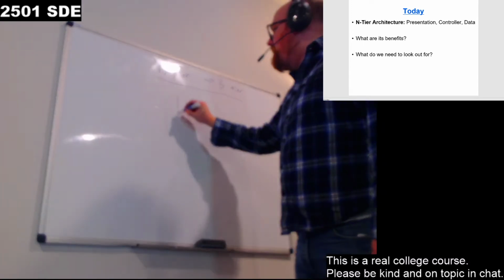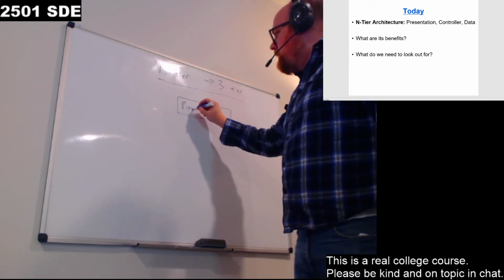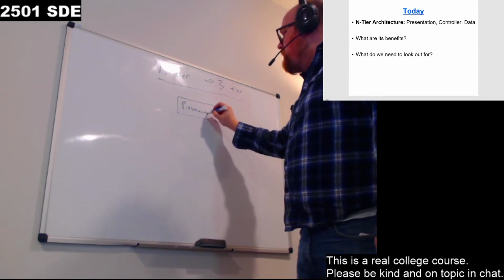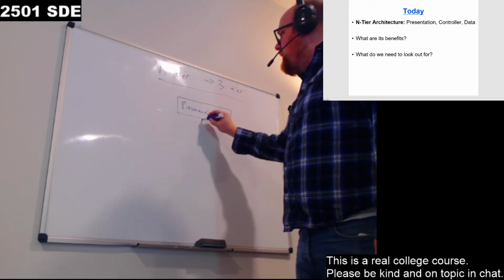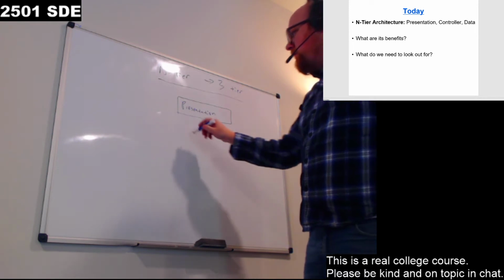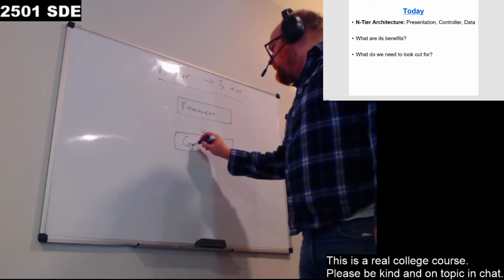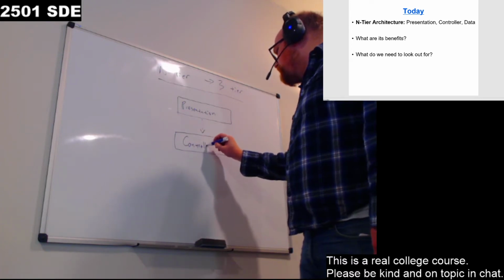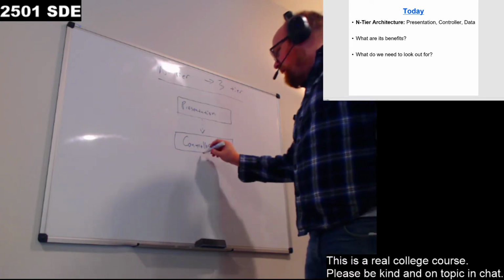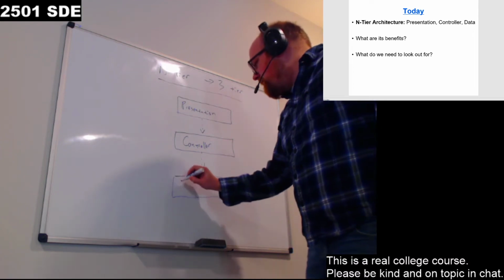At the top, we have the presentation layer, and the presentation layer uses, and I'm using the UML dependency arrow here, a controller layer. And the controller layer uses a data layer.